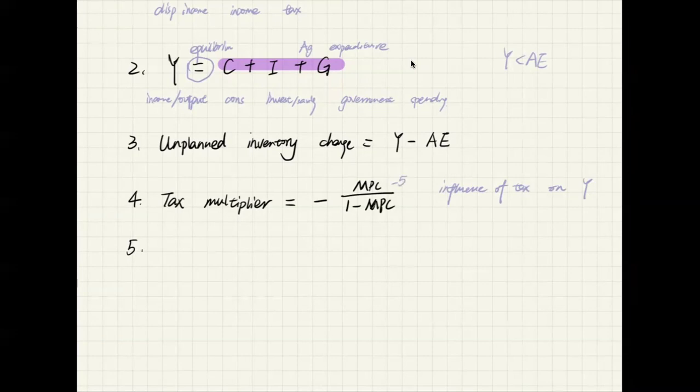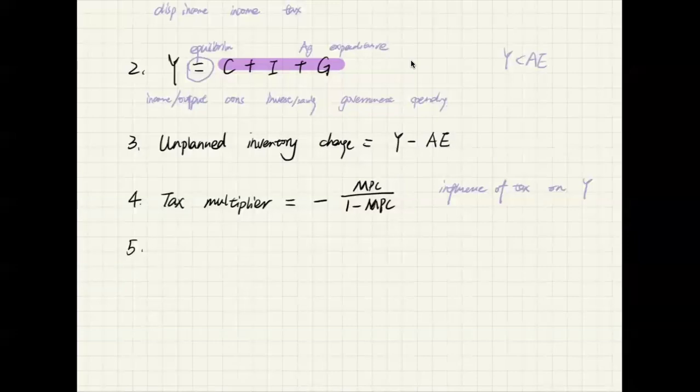It means that for a $1 change of tax, we have delta Y equals negative 5 times delta T. So delta Y would decrease by about 5 units. So this is measuring the influence of tax on the total output.